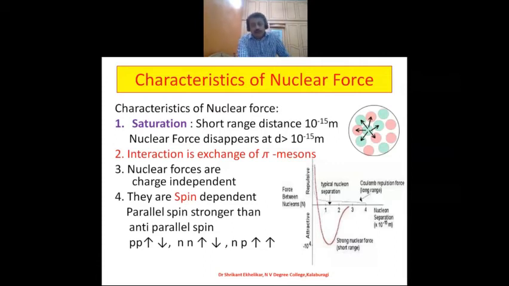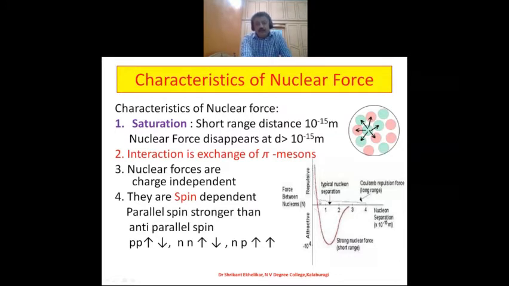You can also look at this graph. This is a nucleon. This is the nuclear distance: 1 unit, 2 units, 3 units, 4 units, that is 1 Fermi, 2 Fermi, 3 Fermi, 4 Fermi. That is the nuclear separation between two nucleons.